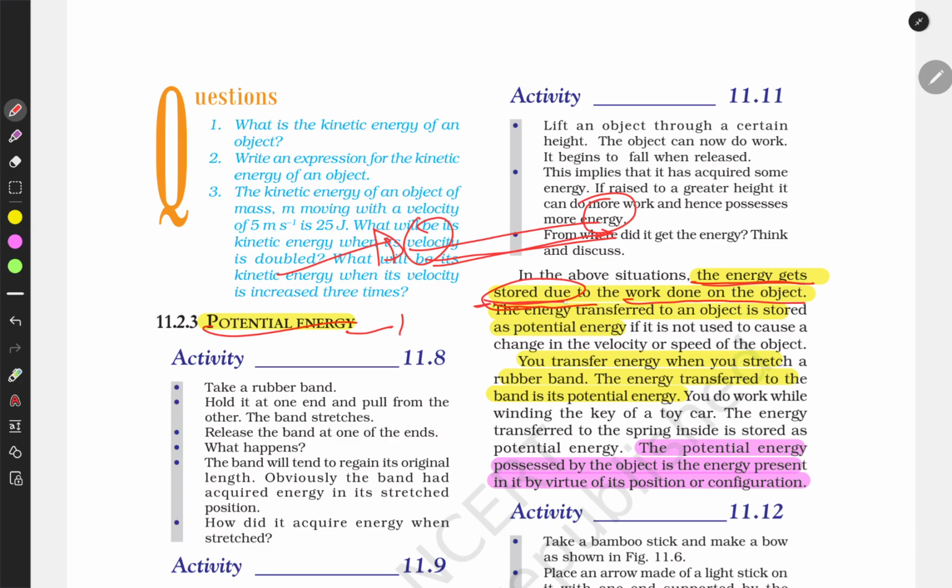The energy gets stored due to the work done on an object. Kinetic energy is when work is done to move an object at a constant speed. And if work has been done and stored in an object, it is potential energy. The energy transferred to an object is stored as potential energy.